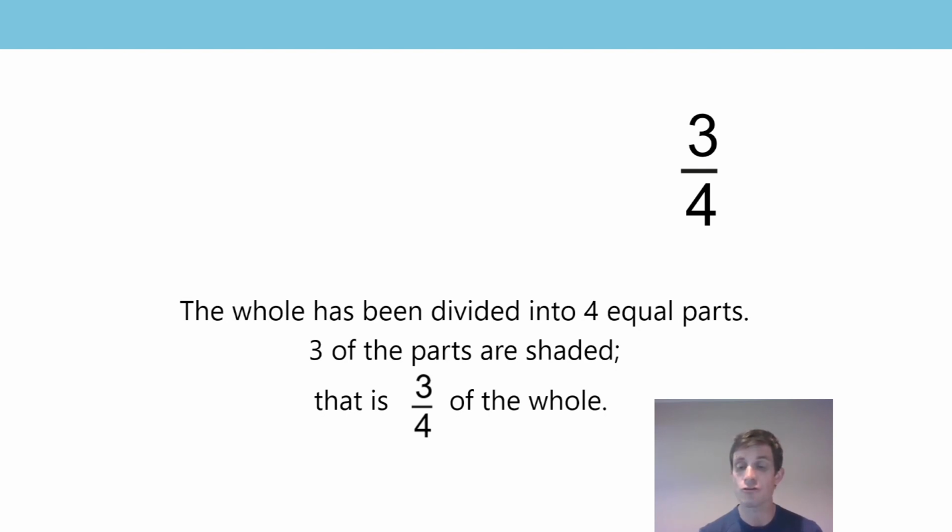So that is 3/4 of the whole. So let's look at my pictures and use our sentence stem just to make sure. So in our triangle, the whole was divided into 4 equal parts, and 3 of the parts are shaded, so that is 3/4 of the whole.